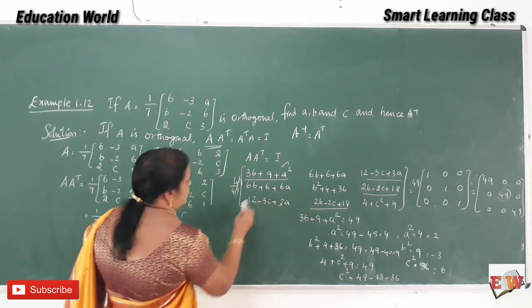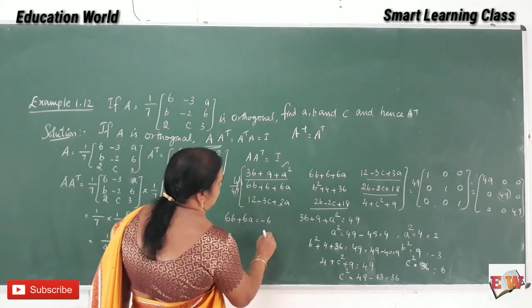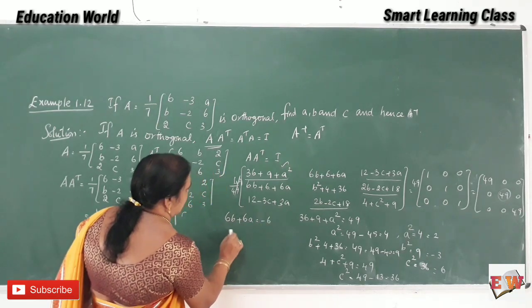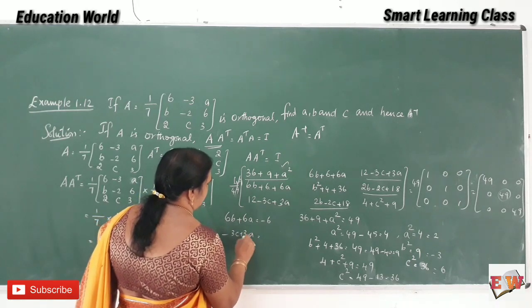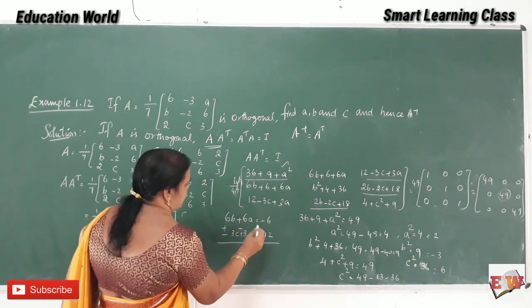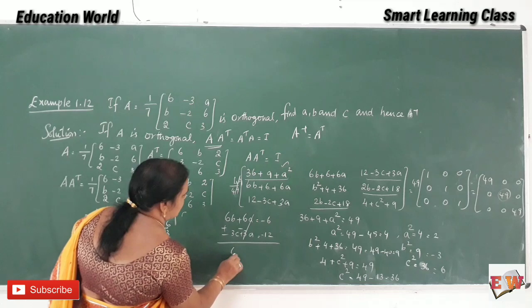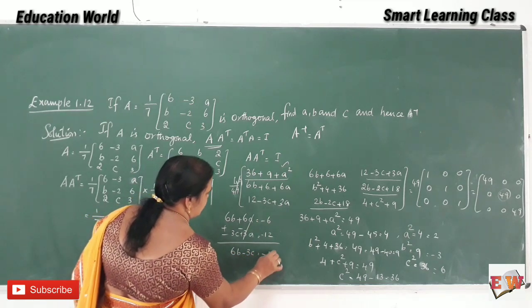You just see 6b plus 6a is equal to minus 6. One more thing, 3a minus 3c is equal to minus 12. Now we are going to eliminate this, so it will be cancelled. 6b minus 3c is equal to minus 18.